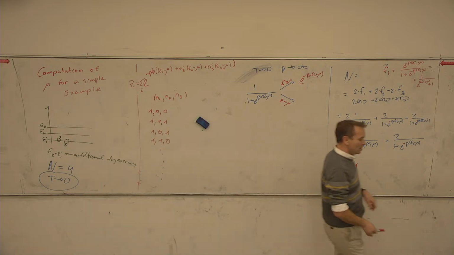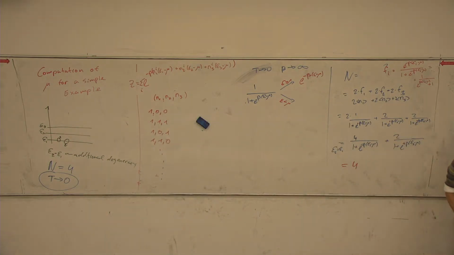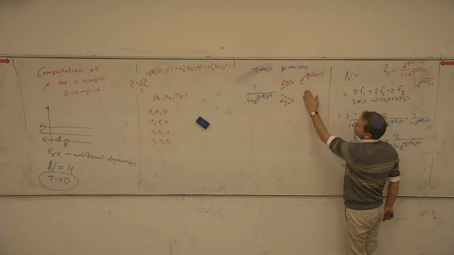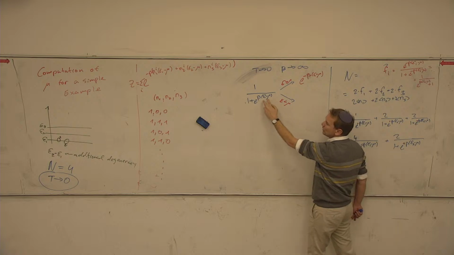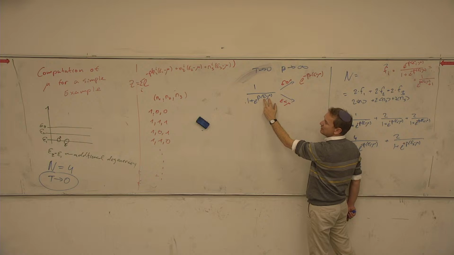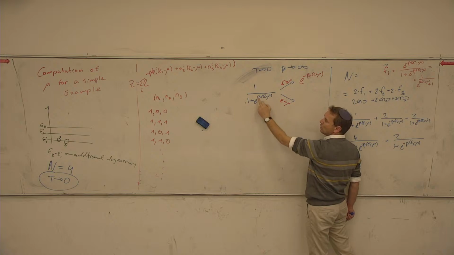Okay. Now, what happens to the other part? What happens when epsilon is smaller than mu? Here we have a negative number multiplied by beta, which is an extremely large number.